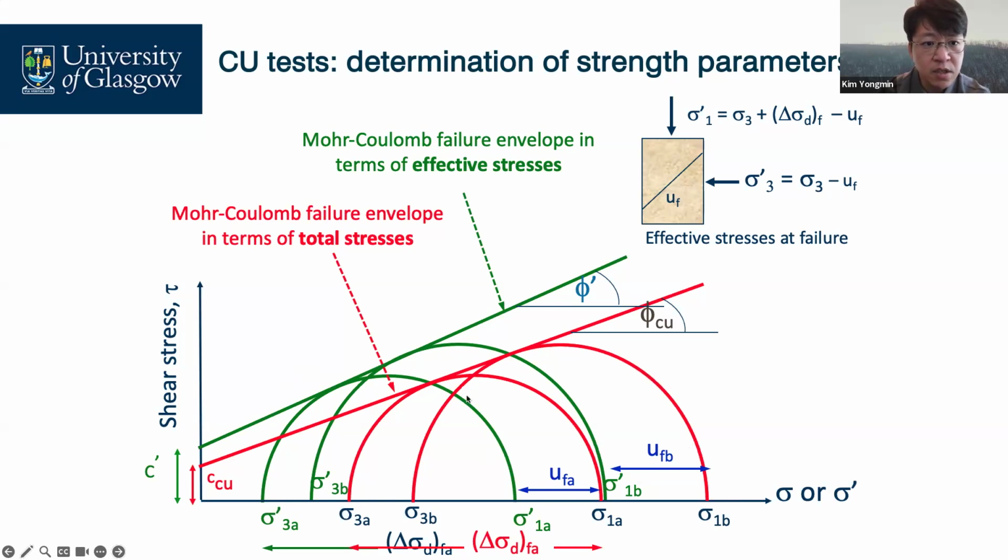The large red circle minus out the water pressure becomes the large green circle. So this red line is the total stress failure envelope. The green line is the effective stress failure envelope. This can happen because we close the valve.